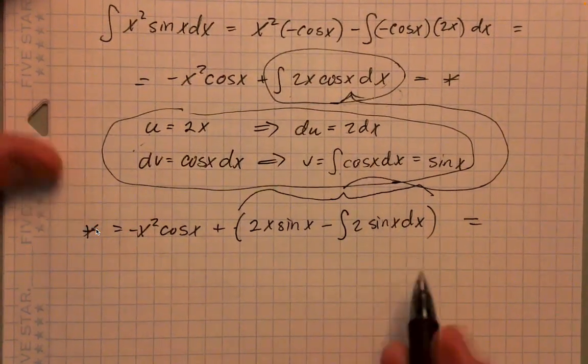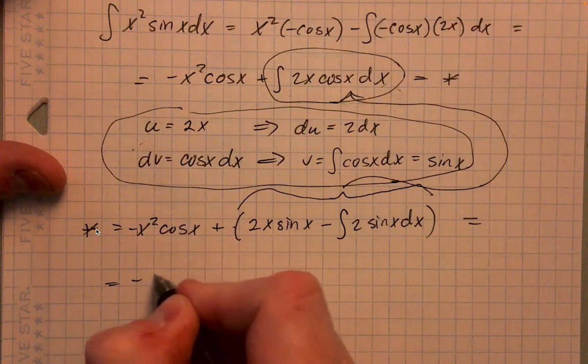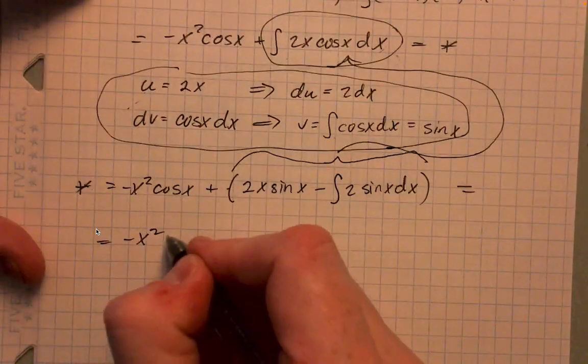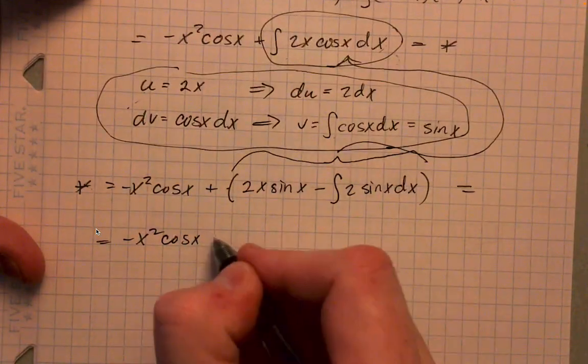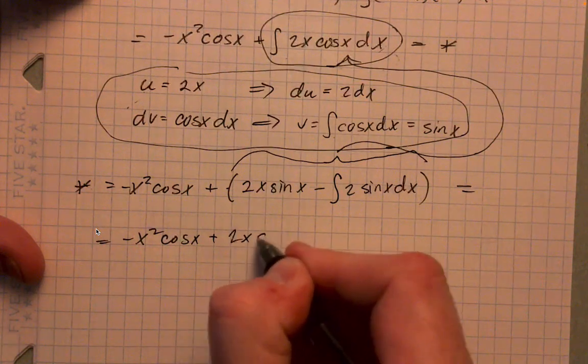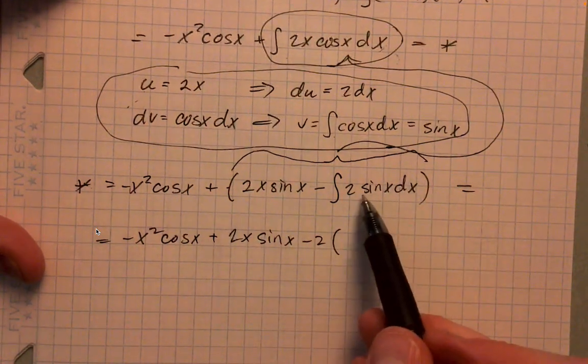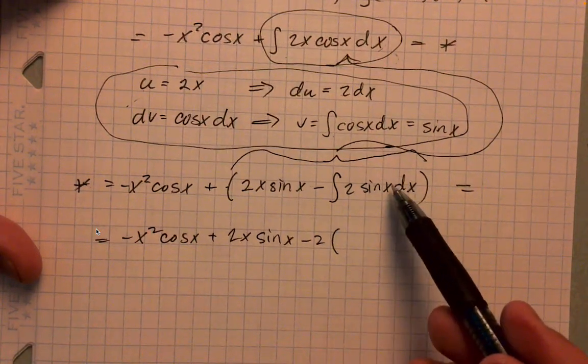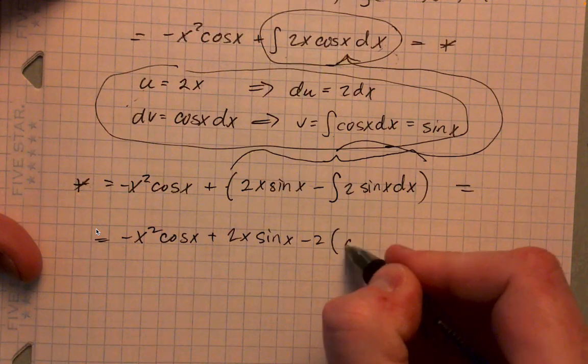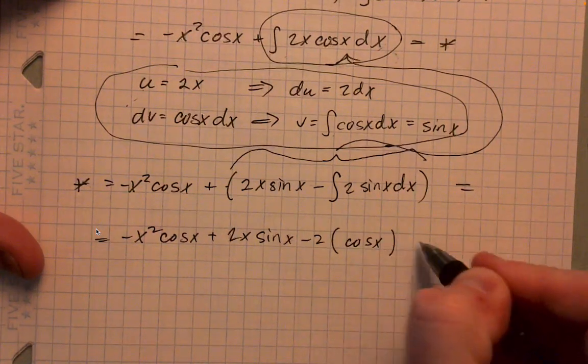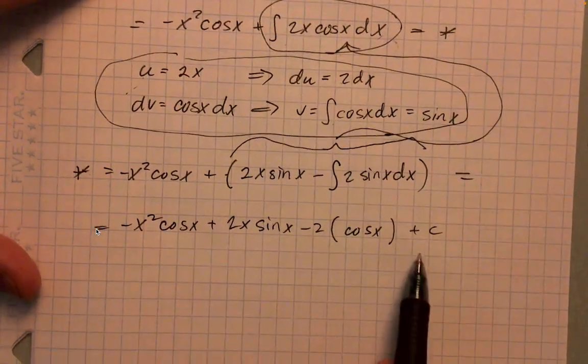this last integral. And so we get negative x squared cos x plus 2x sine x minus 2 times, now what's the integral of the sine? Well, the integral of sine is negative cosine, so this would just be cos x, okay, and then plus c.